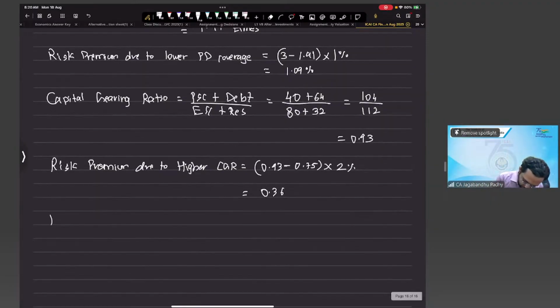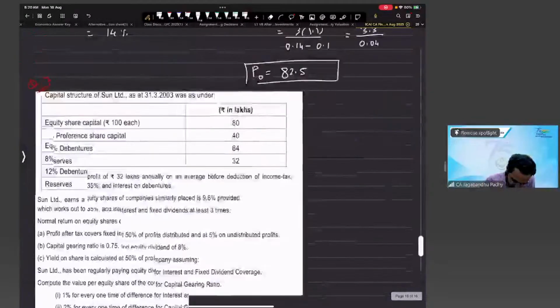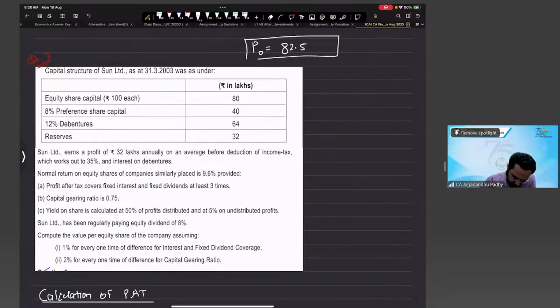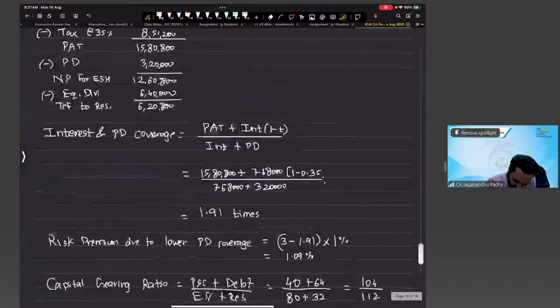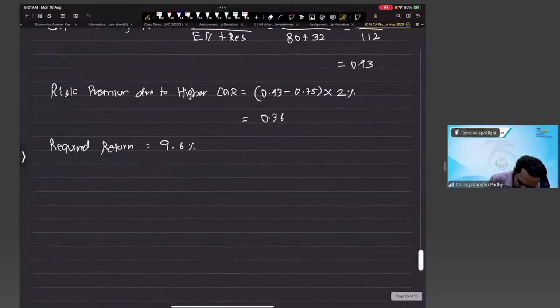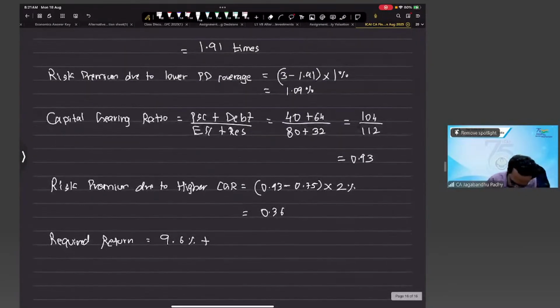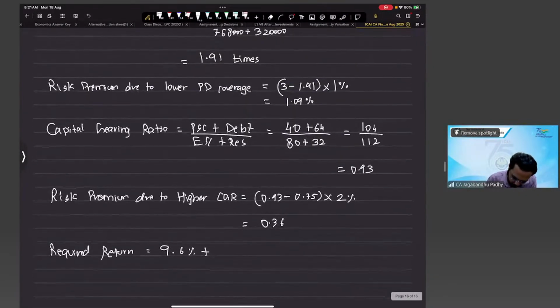So what will be the required return on this security? It will be 9.6% for similar companies. And to that, you're going to add 1.09% and also 0.36%.